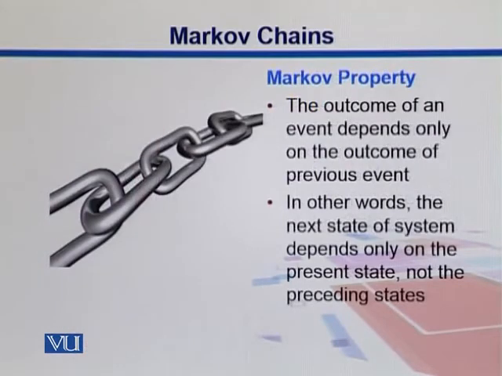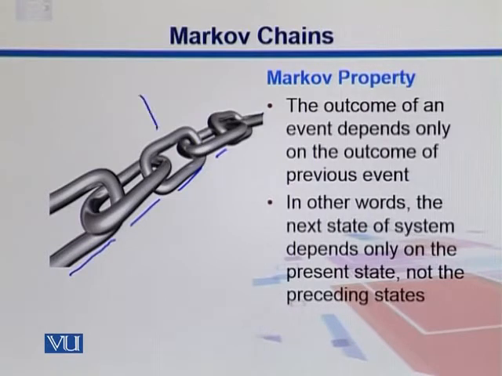What is the Markov property? A Markov property is that the outcome of an event depends only on the outcome of the previous event. It's just like a chaining process. You have a chain where this part is attached to this one, and then this is attached to this one, and this is attached to this one. In order to go there, you need to traverse them one by one.